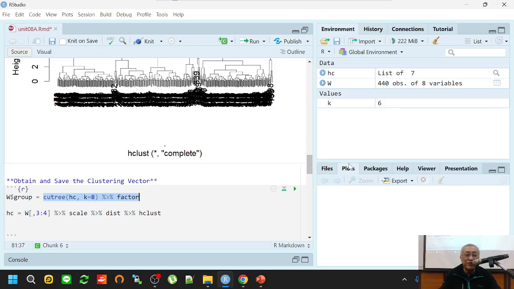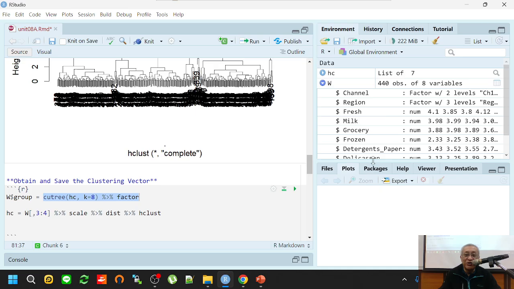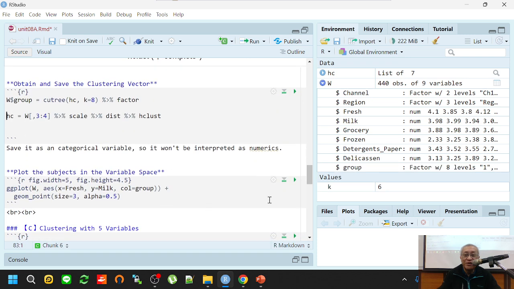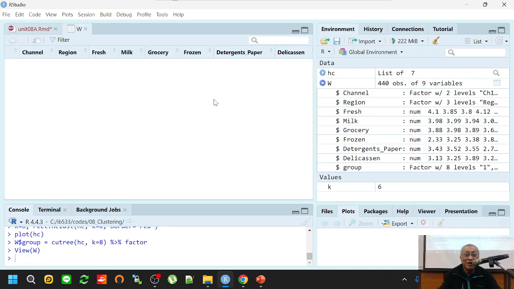For example, if we divide it into 4 groups, then in this data frame, we can create a new column to put the group number. Okay. So after we have this dendrogram, we can cut it into 4 groups. Here you will see a group column. Okay.